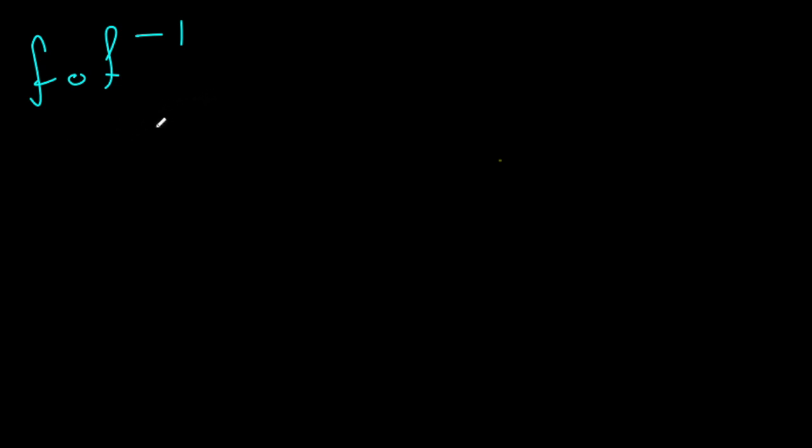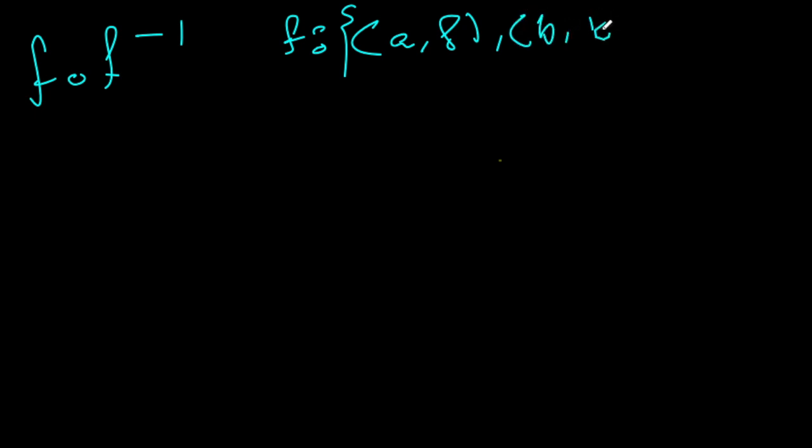To understand what we mean by this, we need now to write both values of F. So F is the mapping between A and 8, then the mapping between B and 10, and the mapping between C and 2.